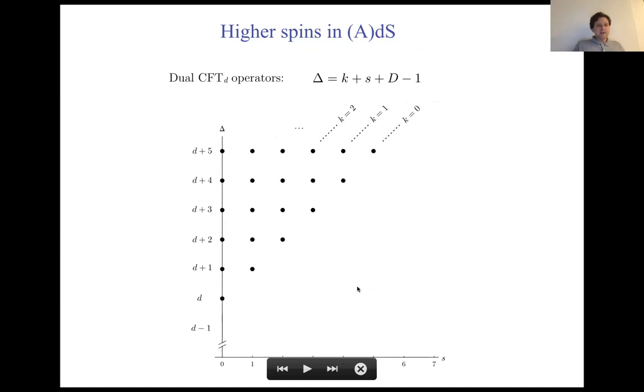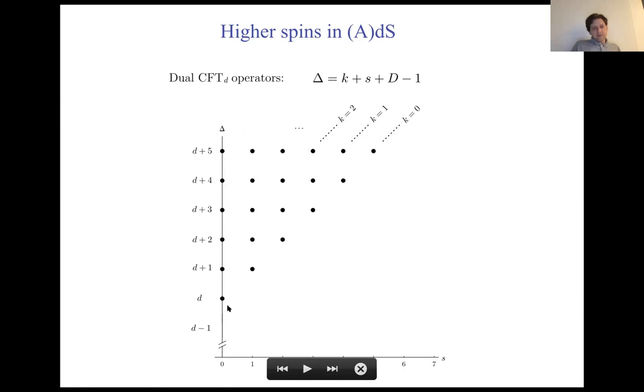So here's what it looks like from a dual CFT point of view. If we talk about the dual CFT operators that are dual to these shift symmetric scalars and higher spins, here's what the picture looks like. Here we have spin going along the bottom, and the conformal dimension, which is basically the mass, going up the vertical axis.